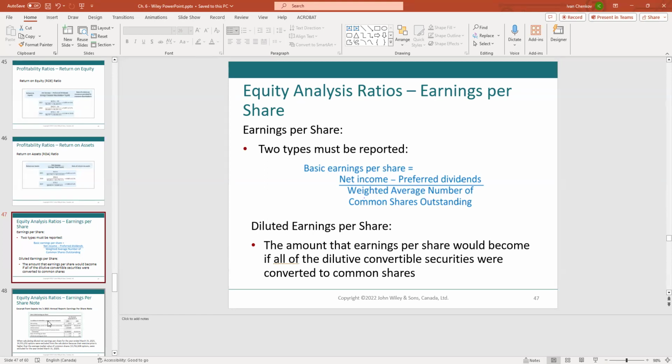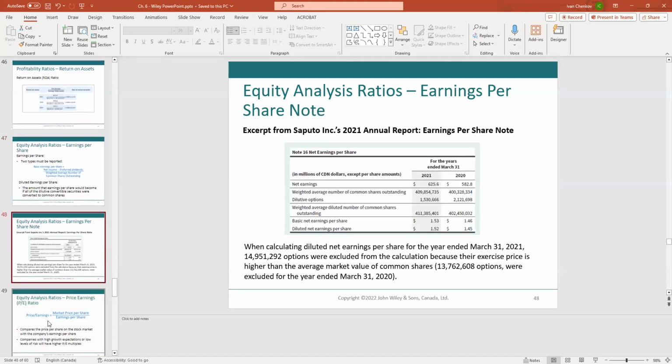We're going to see, if everything is exercised and converted to common shares, what's going to happen with the earnings per share. We're going to create a scenario which hasn't happened yet, but what if this happens?